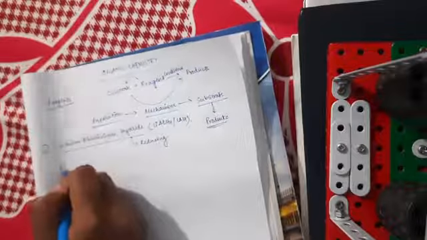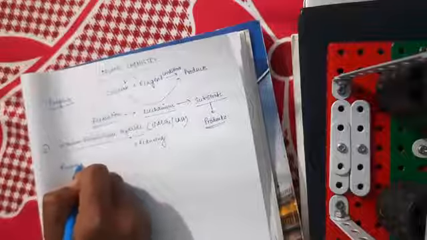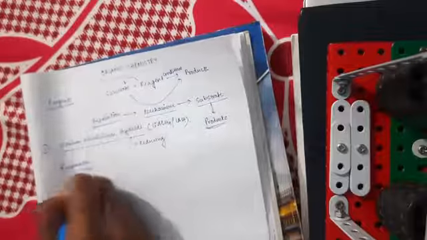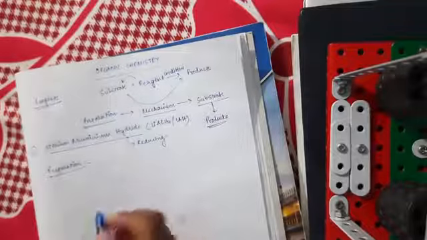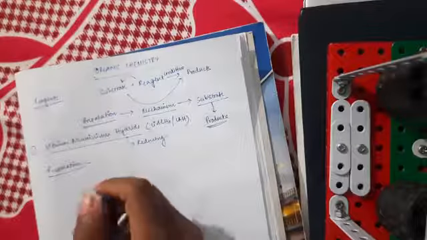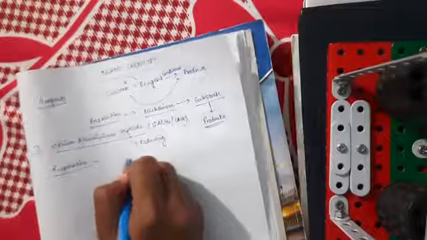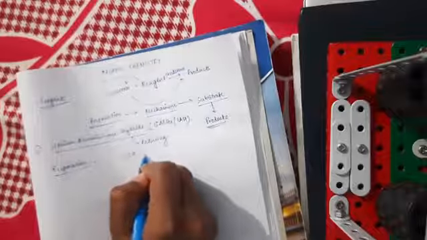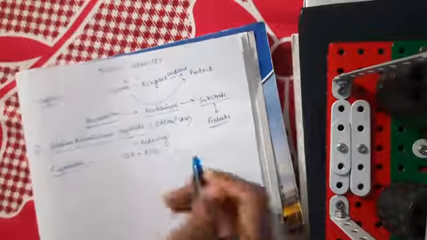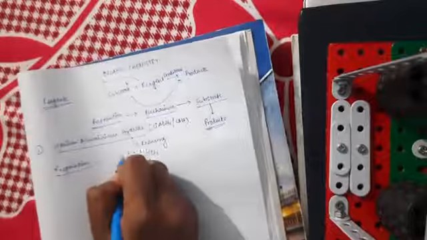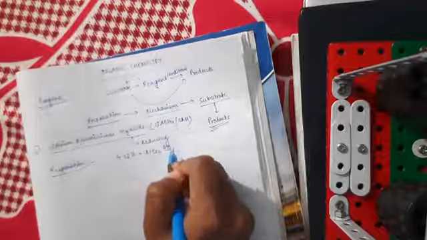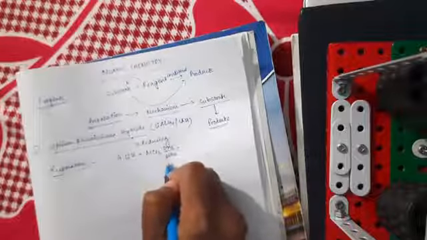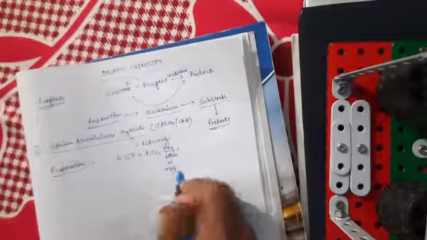So starting with the preparation of this reagent, it is prepared by mixing two salts, and that too under suitable conditions. The two salts that we are going to take are lithium hydride and aluminium chloride. They are taken in dry ether, or you may use tetrahydrofuran as well.